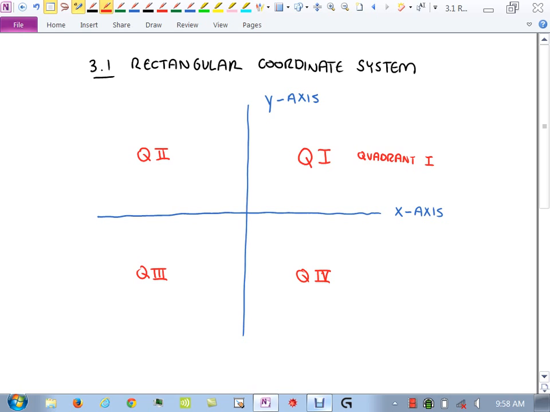Now you might be asking yourself, why is it labeled like that instead of 1, 2, 3, 4? The answer to that comes from pre-calculus or trigonometry, a course beyond this one. It just has to do with the fact that when we measure angles, we always start pointing out to the right, and as you measure an angle, you go counterclockwise like this.